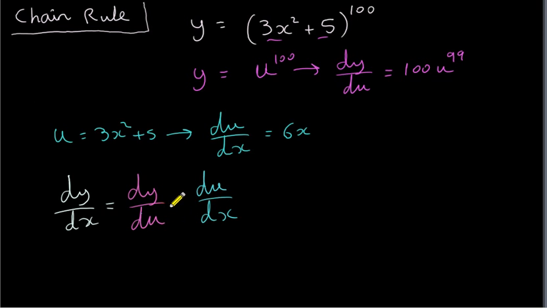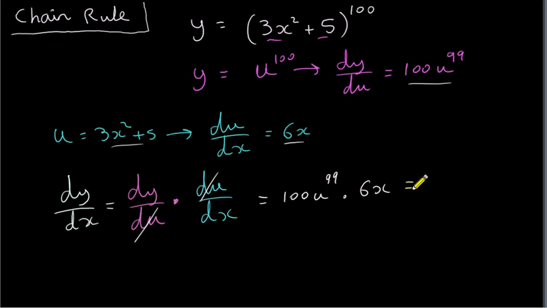So without proving anything, you can just accept that it's like multiplying two fractions, and we have du above the line and du below the line. So you see we end up with dy over dx, which is what we're looking for. So we've got to multiply dy/du by du/dx. dy/du is 100u to the power of 99 times du/dx, which is 6x, and then we can sub back in for u.